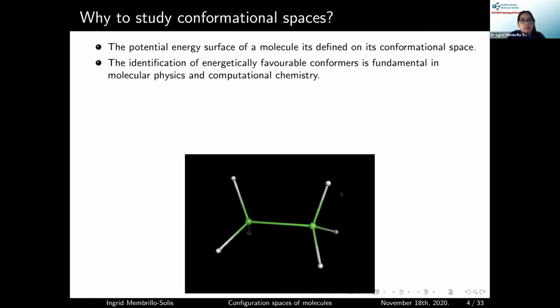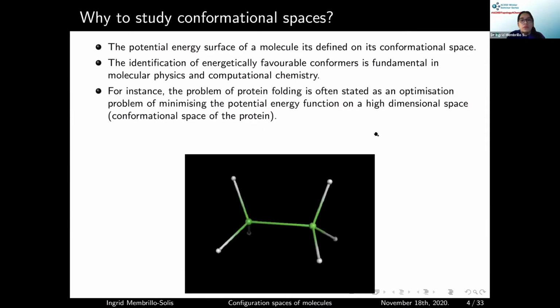For instance, the problem of protein folding is sometimes stated as an optimization problem, of minimizing the potential energy function on a high dimensional space. In this case, this high dimensional space will be the conformational space of the protein.